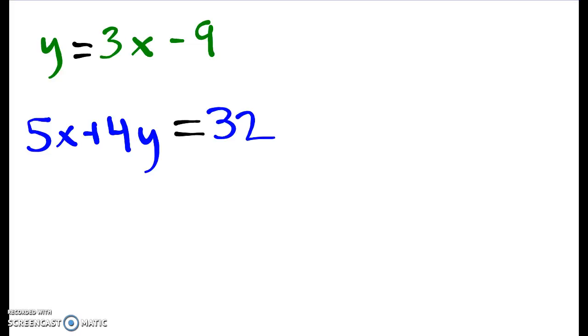You graph y equals 3x minus 9 pretty easily because it's in slope-intercept form, and you could take 5x plus 4y equals 32, and using one strategy or another, maybe turning it into slope-intercept form, you could graph that as well, and then you would look for something in order to know whether you've got the solution. So what you'd be looking for is the intersection, the place they cross.